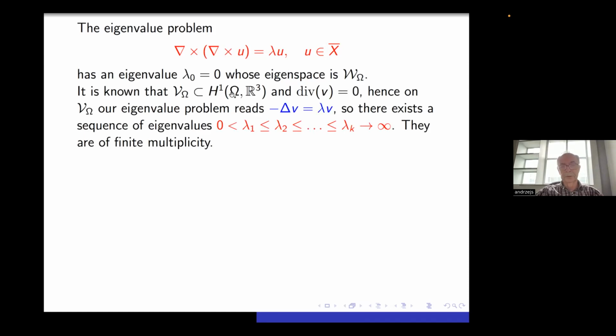Again, it is important that omega is smooth. I will come back to this. And divergence V is equal to 0. So our eigenvalue problem looks like that, and it's on a subset of H1. So there exists a sequence of eigenvalues, lambda 1, lambda 2, and so on, going to infinity.